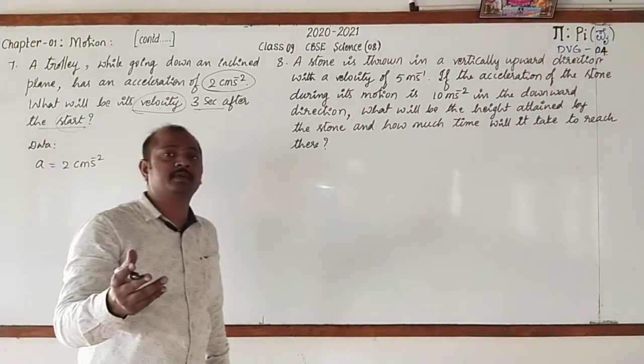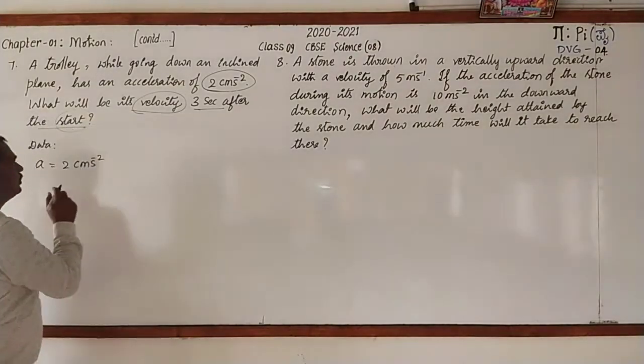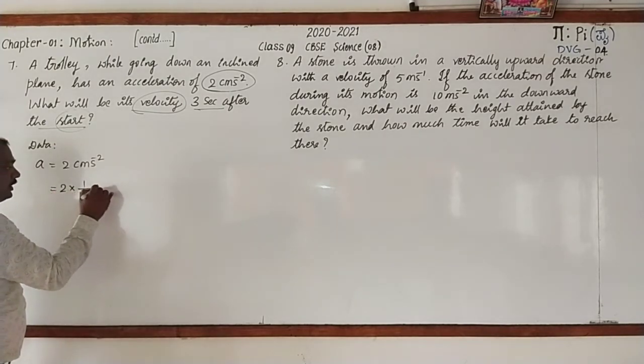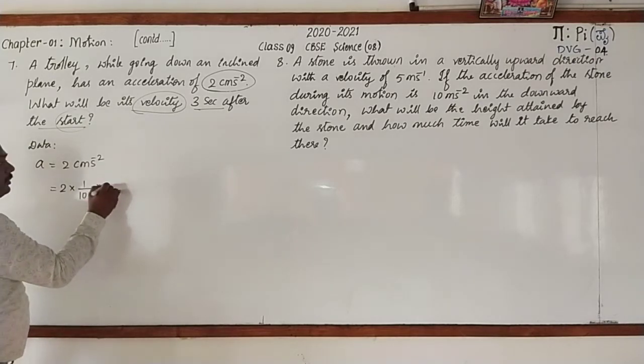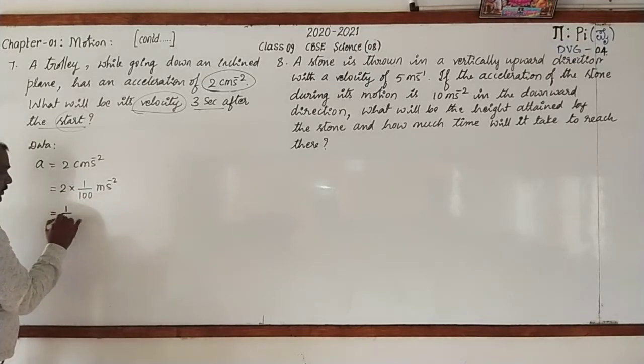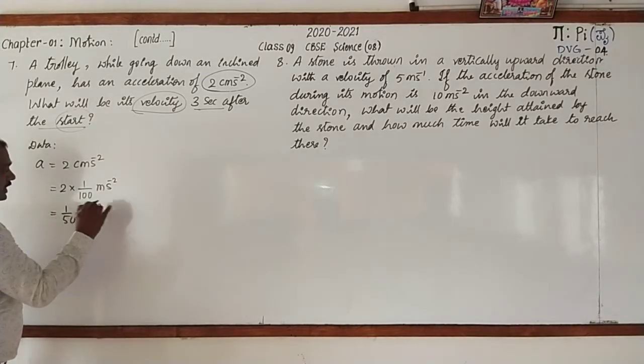It is meter per second square. Convert this into meter per second square. 2 into centimeter is there. 1 centimeter equal to 1 by 100 meter, right? Second square as it is. It is equal to 2 by 100, which is 1 by 50 meter per second square.